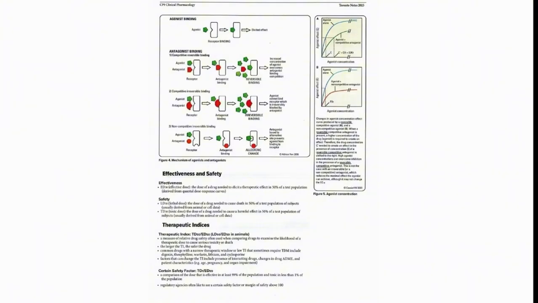Certain safety factor. Another important safety measure is the certain safety factor, calculated as TD1 divided by ED99. This compares the dose causing toxicity in only 1% of individuals with the dose that is effective in 99% of individuals.